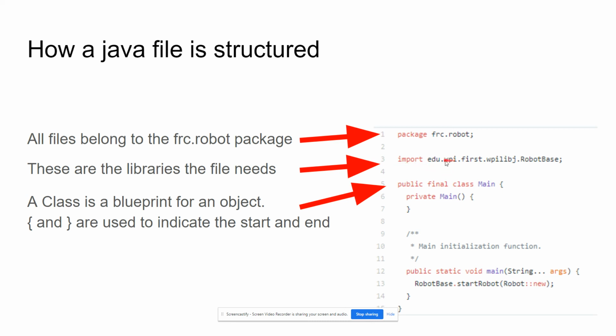WPI creates a lot of the code for FIRST robotics that a lot of teams use, and they have a robot base, so we're just importing that and using it as a template, so then we can customize built on that.